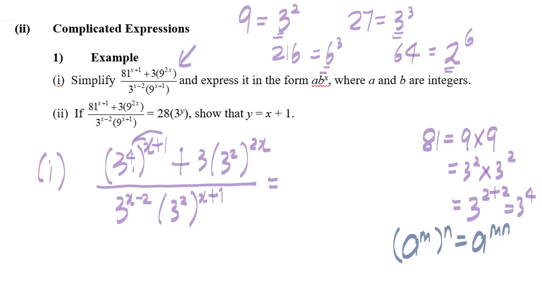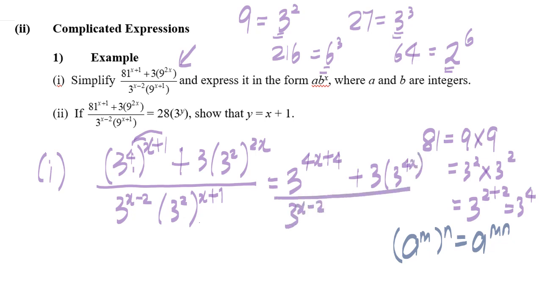Don't forget to multiply every term, so that will give us 4x plus 4. And that will give us 3 to the power of 2x times 2, which is 4x, over, that will give us 2x plus 2.